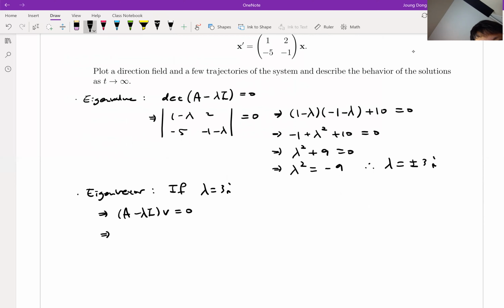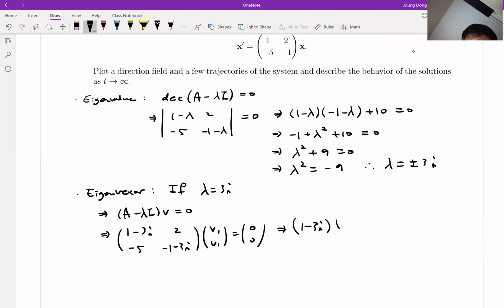Plug in everything: my matrix is 1 minus 3i, 2, negative 5, negative 1 minus 3i, the vector v is v1, v2, and the zero vector is written like this. Then from this, we easily find 1 minus 3i times v1 plus 2 v2 equals 0.